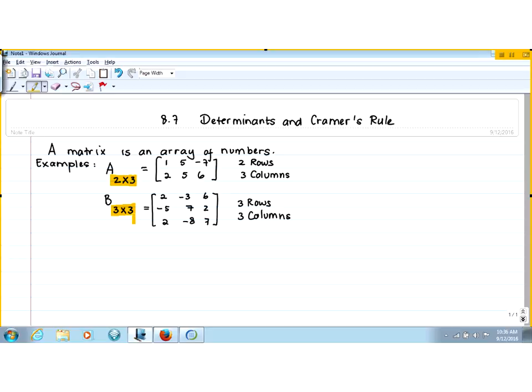Okay. Now, what do you think a square matrix will be? What is a square matrix?